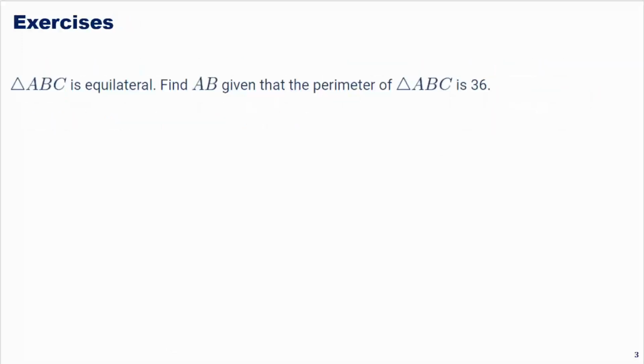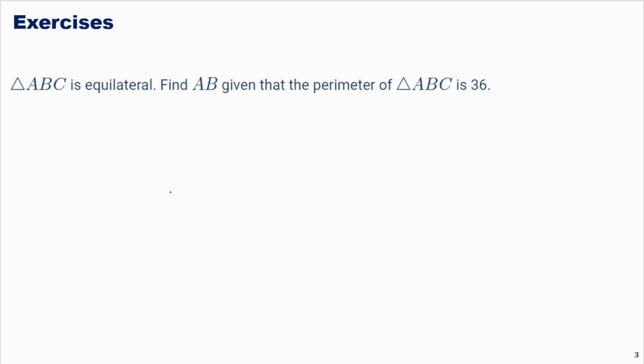So let's have a look at an example here. A triangle ABC is equilateral, then find AB given that the perimeter of triangle ABC is 36. Again, because this exercise is pretty straightforward, we'll have a look at the solution together. So since triangle ABC is equilateral, all of its sides are equal, right?